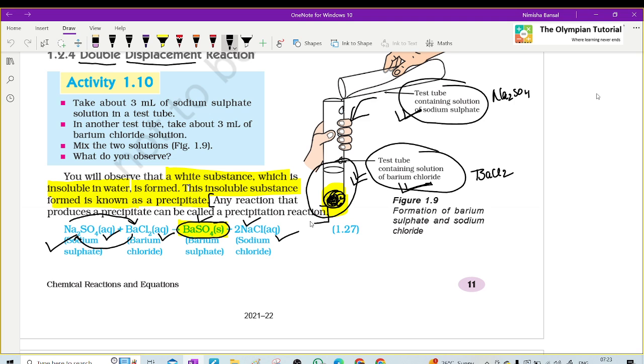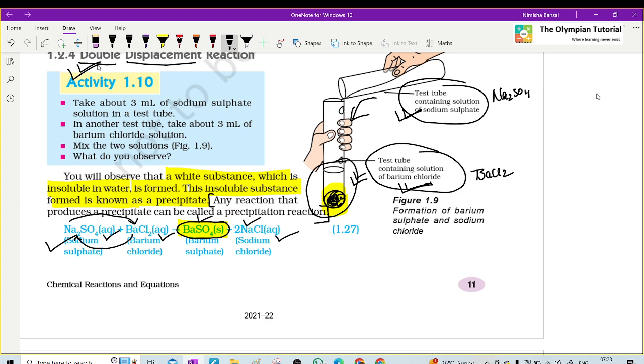Written, Thanya? One second, ma'am. Done, ma'am. Okay. So, Thanya, we are doing double displacement reaction.